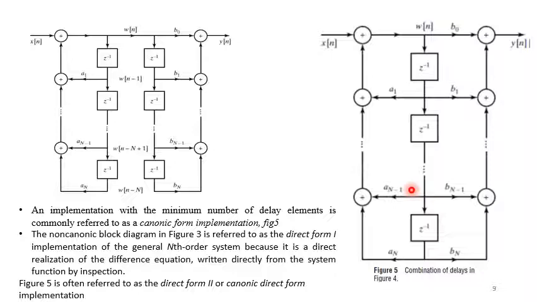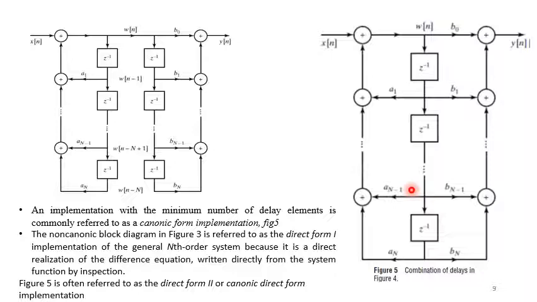block diagram, as in figure 3, is referred to as the direct form 1 implementation of the general nth order system, because it is a direct realization of the difference equation written directly from the system function by inspection.